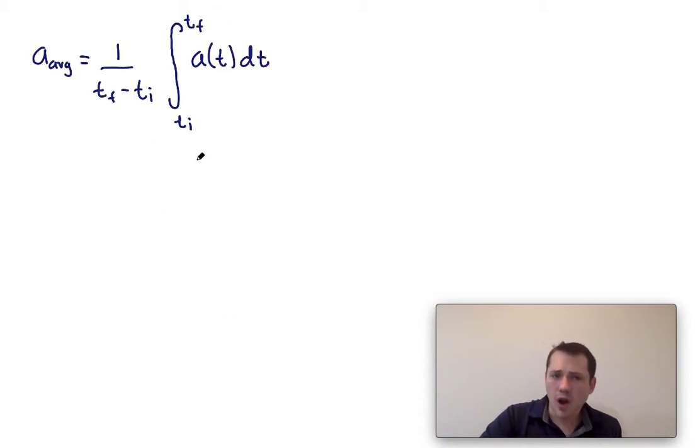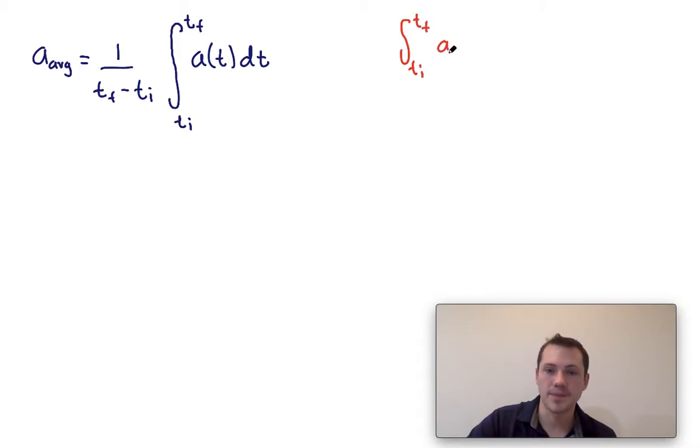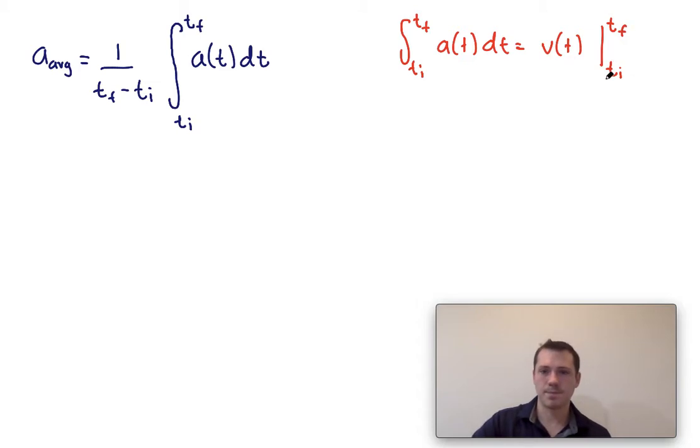Now, we recall that the integral of acceleration with respect to time is just velocity. So just like last time, I'm going to do this off to the side. The integral from t initial to t final of a of t dt is just going to equal v of t, which is then evaluated from the initial time to the final time.